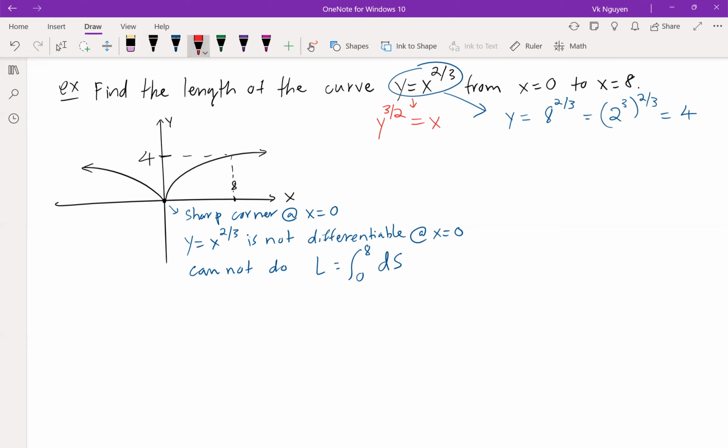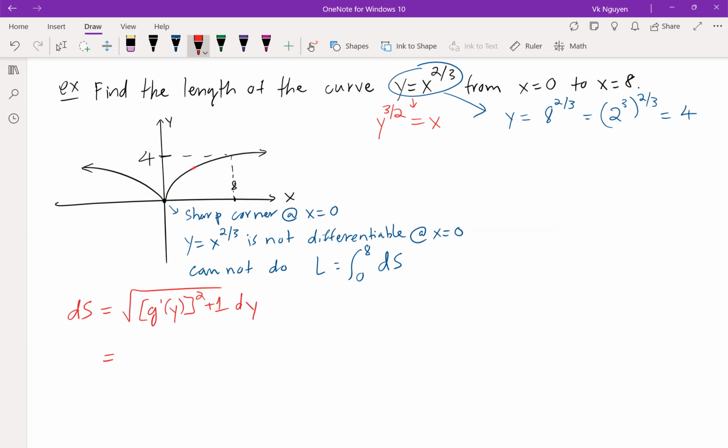A sample arc length ds. So this would be, because the function is written in terms of y, square root of g prime y squared plus 1 dy.